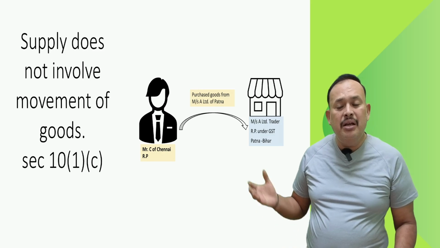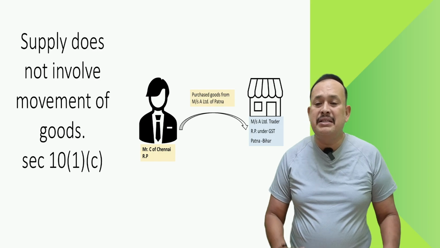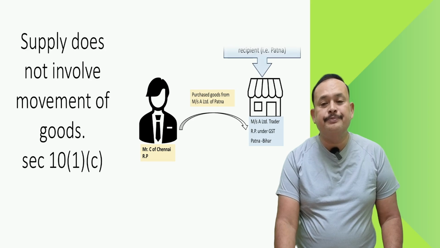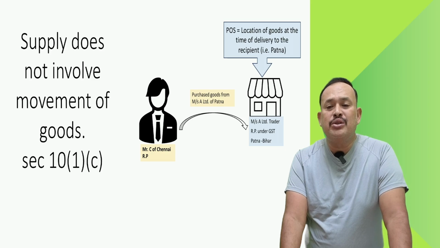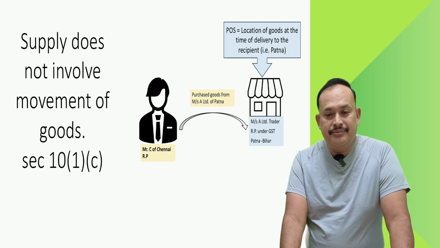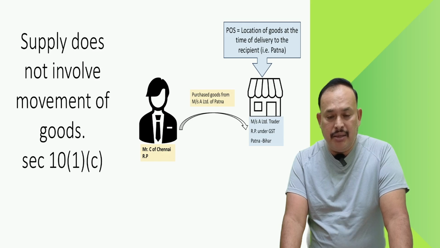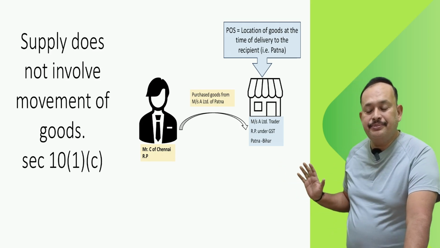Place of supply, Patna, Bihar. Therefore, place of supply is in the same state as the seller, so it is intrastate supply. Place of supply is equal to the location of the goods at the time of delivery to the recipient as per section 10 subsection 1 clause C. Is it clear, my dear friends?